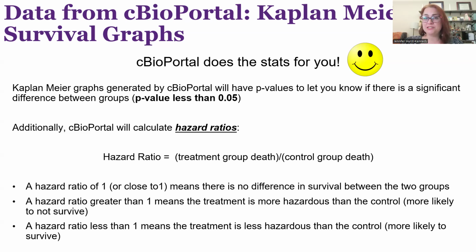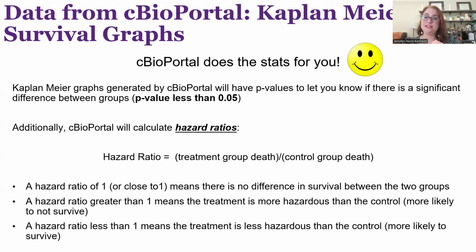Hazard ratios can be calculated in various ways, but in this context, you're looking at death in the treatment group divided by death in the control group. If you do this calculation and you have a hazard ratio that's 1 or close to 1, it says that death in both groups is pretty much the same.